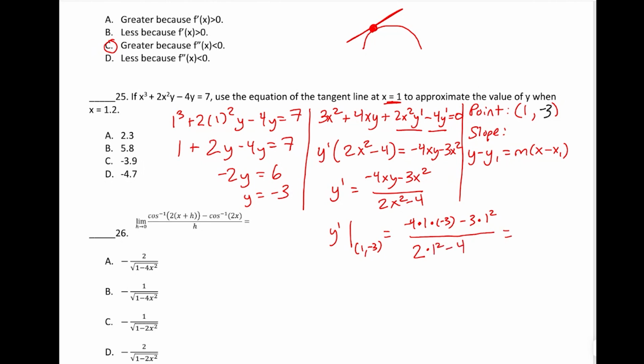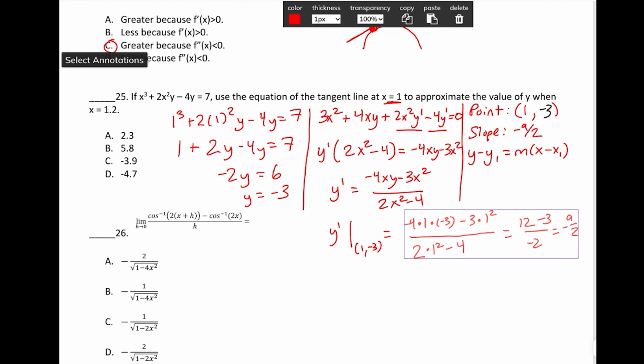Negative 4 times negative 3 is going to be 12. Negative 3 times 1 is negative 3. 2 minus 4 is negative 2. So we get, oh, is this going to be a fraction? Yeah, we get negative 9 halves, or negative 4.5, whatever's easier for you. So negative 9 halves would be our slope.